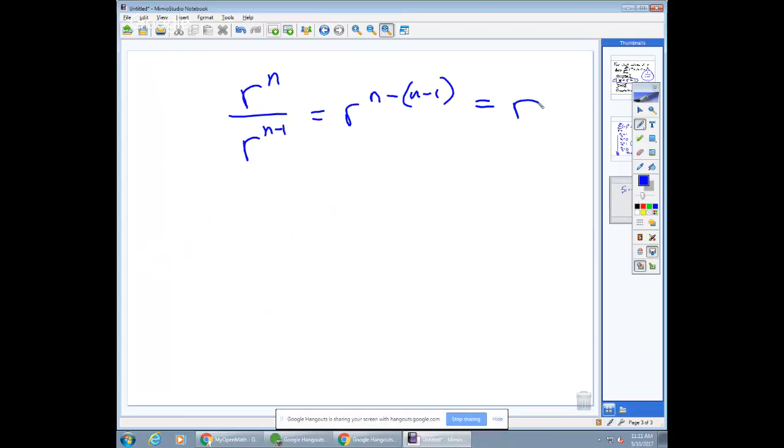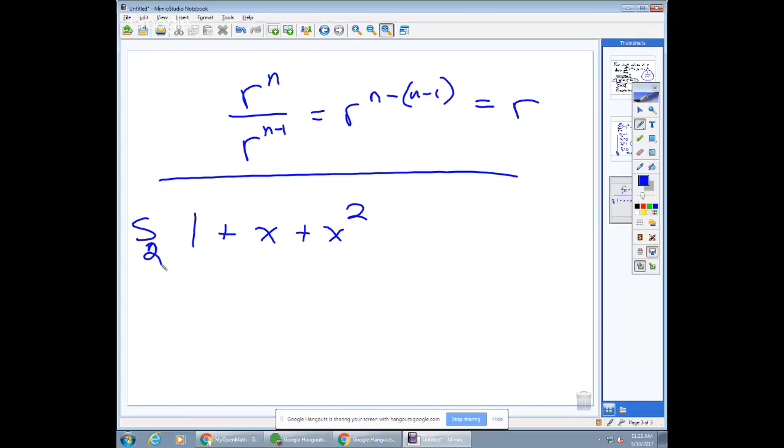So I could, instead of an R, I could just say, let's look at the series 1 plus x plus x squared. Now, if I just write the first few terms, like this would be S sub 2, sorry, the second partial sum, that's a polynomial, right? S sub 3, 1 plus x plus x squared plus x cubed, that's just another polynomial.